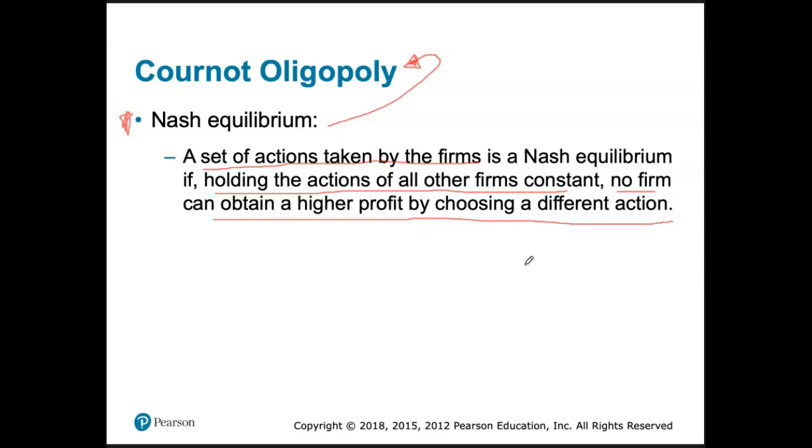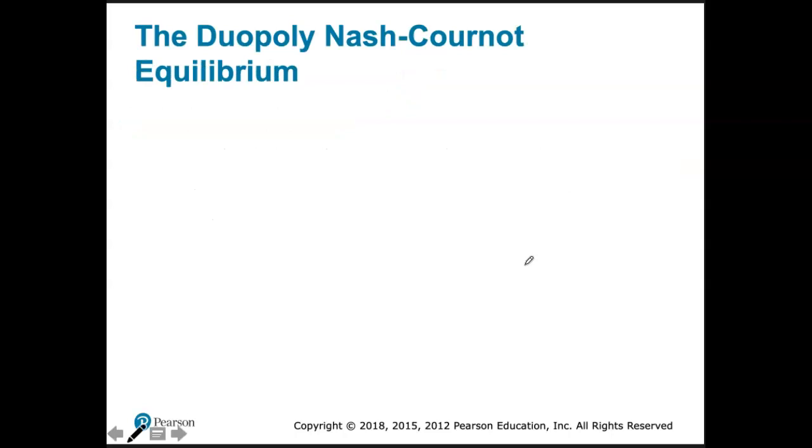To understand it better, let's take a look at an example. Suppose we have only two firms in the market, so we have a duopoly. Suppose these two firms are in the airline industry: American Airlines and United Airlines.